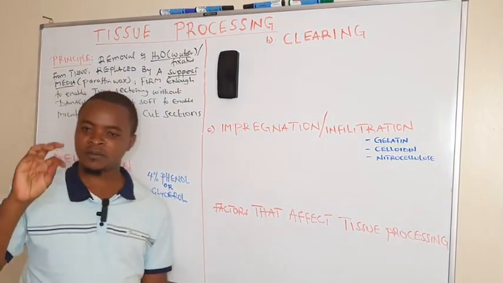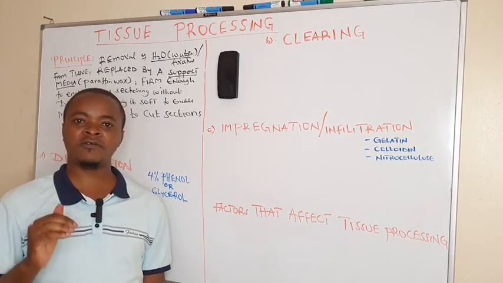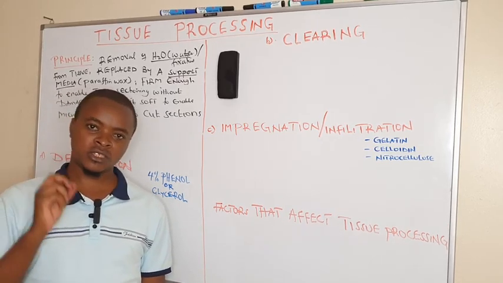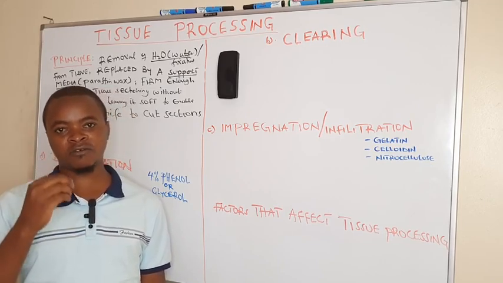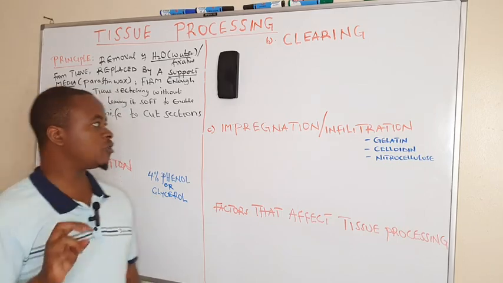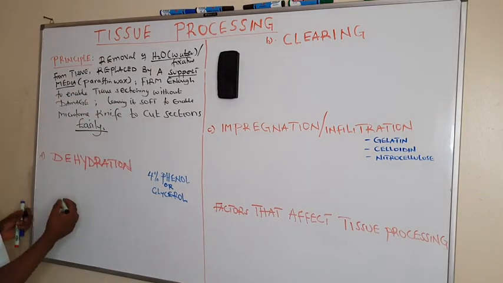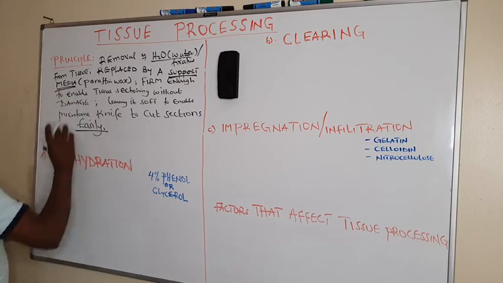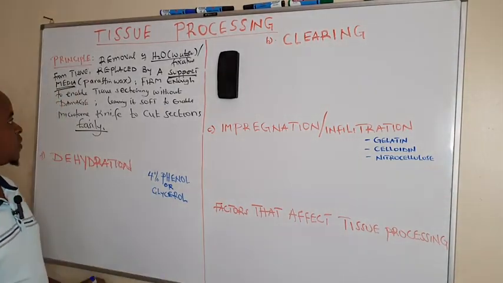Very simple. Replacing water with a support media firm enough to enable cutting of the section without distortion or damage, while maintaining the tissue soft enough for the microtomy knife to cut sections easily. So this is the principle majorly, replacing water with a support media, and the media we use commonly is paraffin wax for routine use.